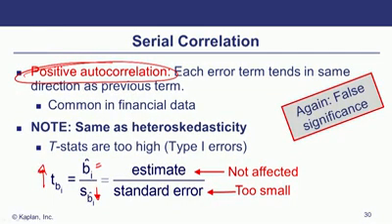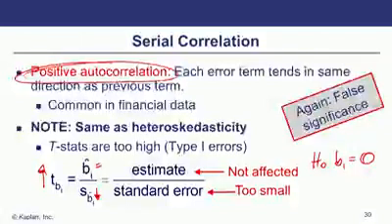If our t-statistics are inflated, we tend to reject the null too often, and that leads to our famous type 1 errors, potentially rejecting a true null hypothesis. Remember, our null was B1 equals 0. If you falsely reject that, then your independent variable will look falsely significant, when in fact it probably isn't.